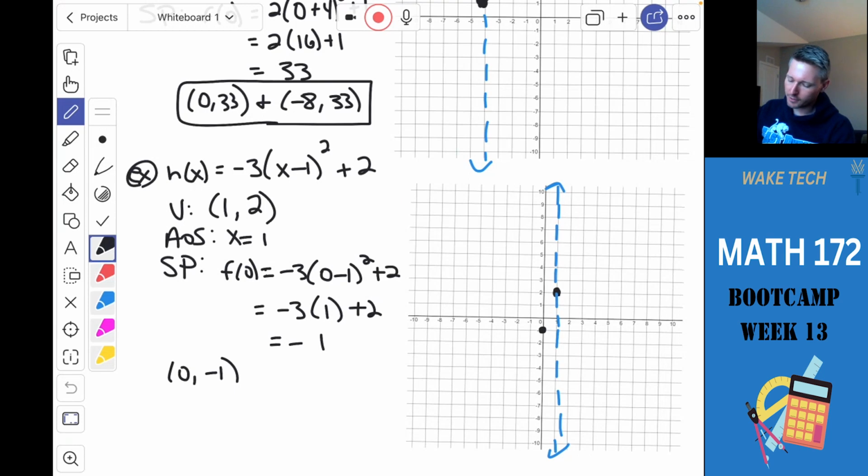For symmetric points, what that means is since we traveled 1 unit to the left and have an associated y value of -1, 1 unit to the right of the vertex also has an associated y value of -1. So we can connect those dots to generate the graph. So the symmetric points, though, are 0, -1 with 2, -1.